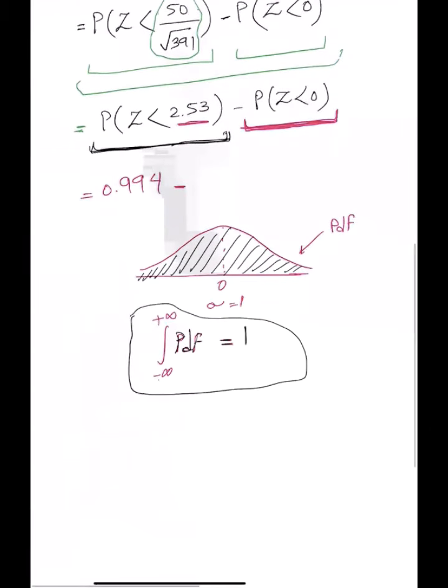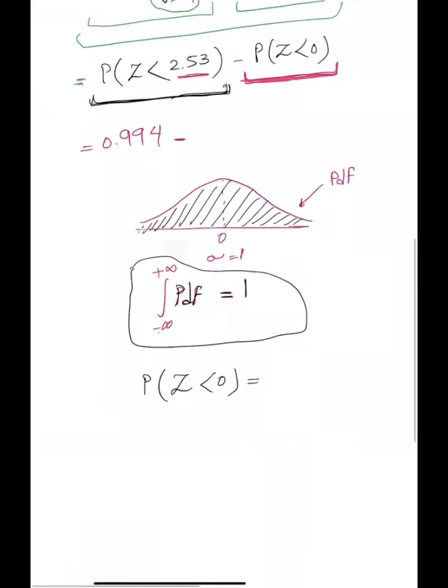And now you want probability of Z less than 0, which basically means, okay, take the integral of the PDF, whatever it is, from minus infinity to 0. So take the integral from minus infinity all the way to 0.